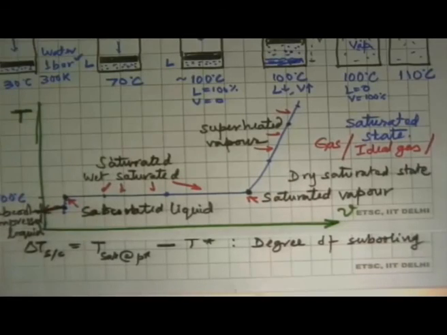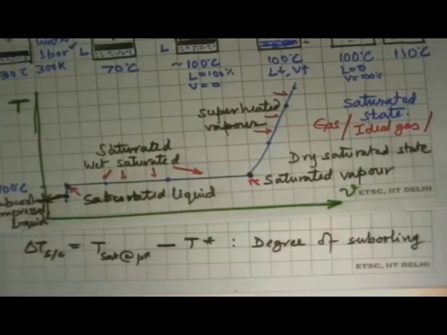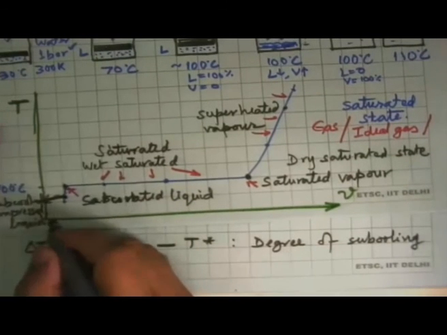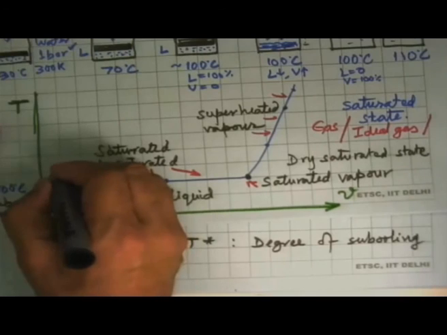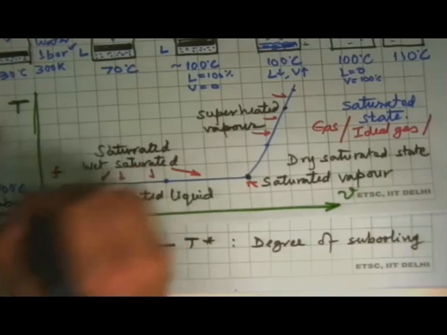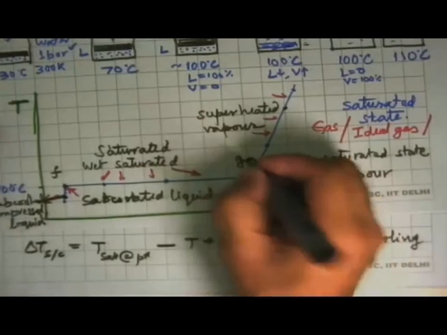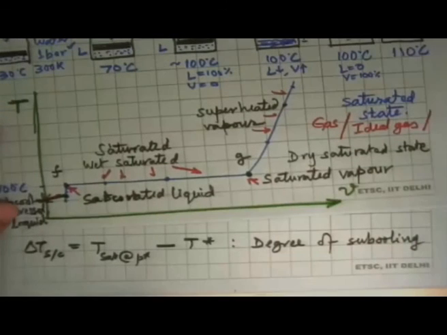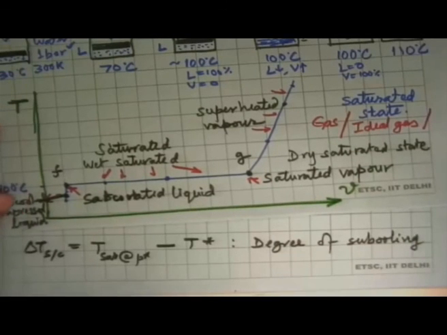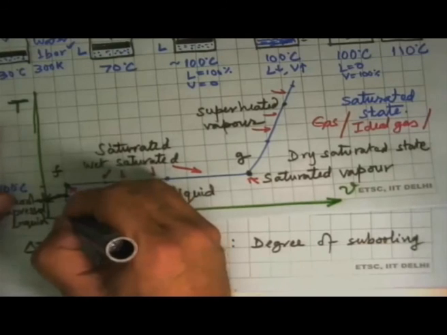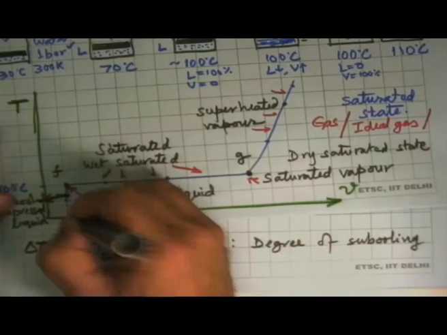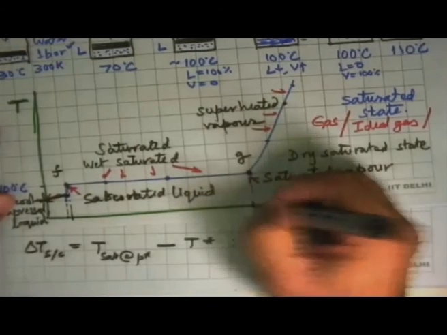We can say one more thing now that we have looked at specific volume. In this picture, we will denote the saturated liquid phase by a subscript F and this by a subscript G, fluid and gas. So specific volume at this point was this, specific volume here was this, specific volume here is this.